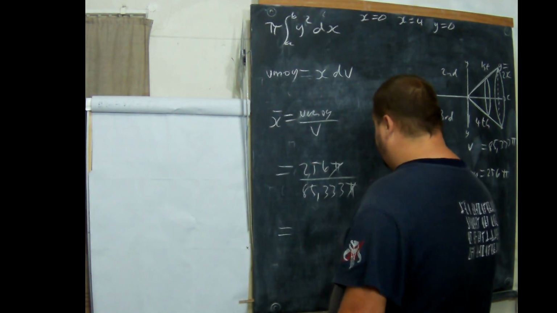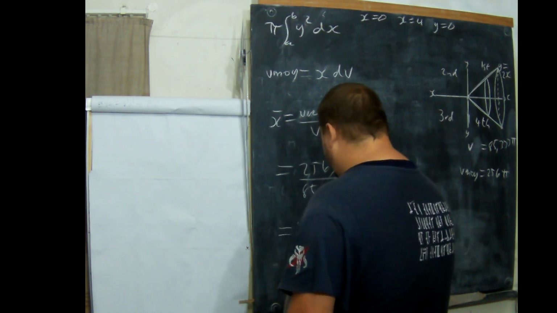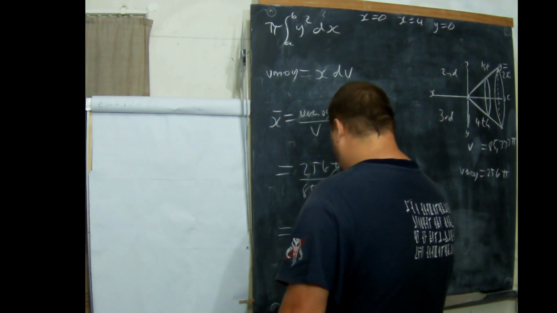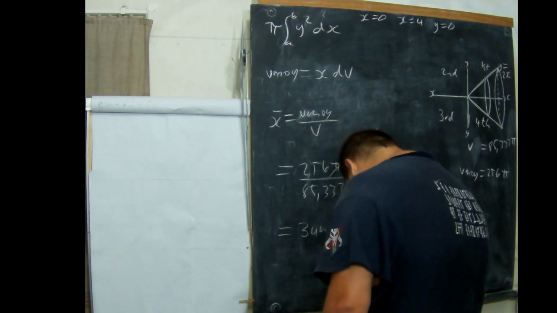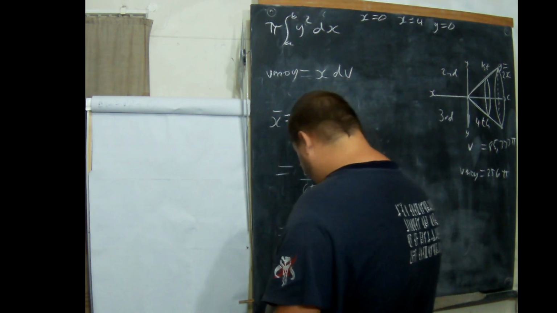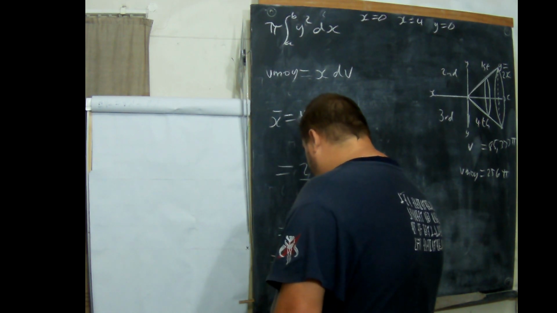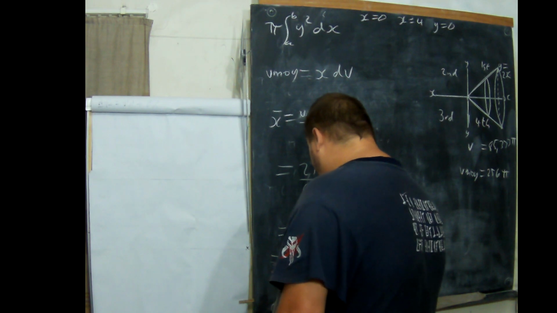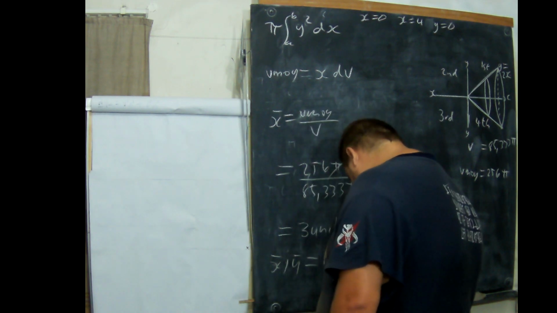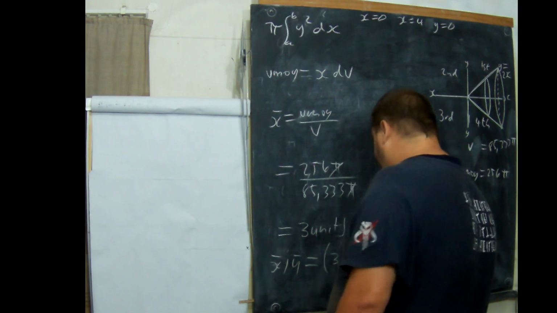Pi and pi cancel. Then we are left with 3. 3 units. There's no other measure of that. And x bar, y bar equals 3 and 0.